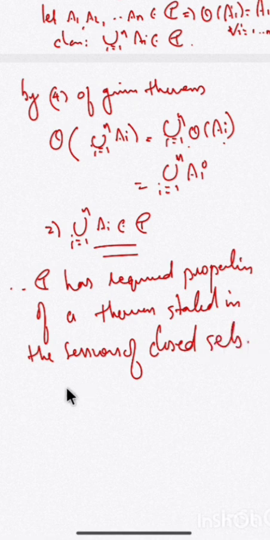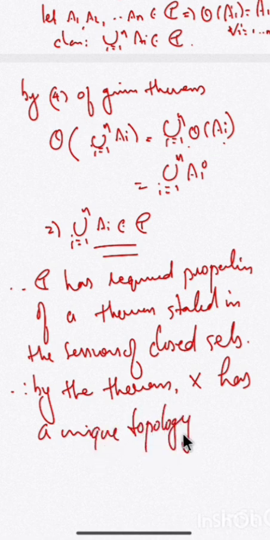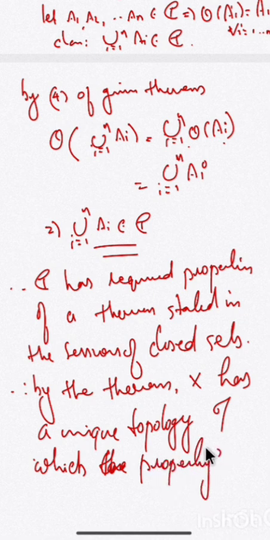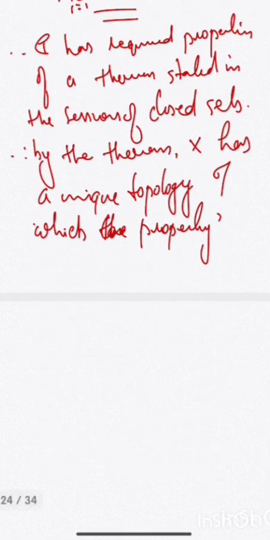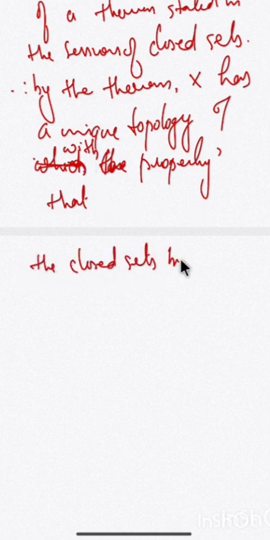Therefore, by that theorem, X has a unique topology tau, with the property that the collection of closed sets by tau is equivalent to the collection C.